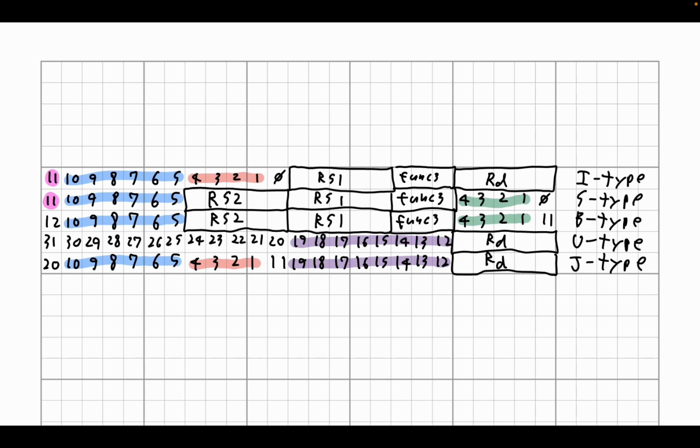So this is another way of visualizing what we saw earlier, that different instruction types have their immediate bits in the same positions. But when we look at things from this perspective, it actually shows us that the layout that the RISC-V people chose is slightly suboptimal.